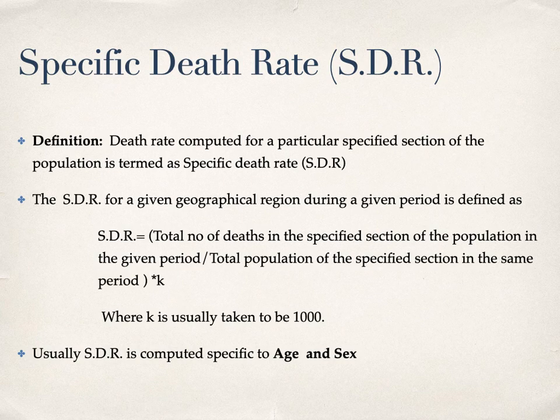We can say the specific death rate is the total number of deaths in a specified section of the population in a given period, divided by the total population of the specified section in the same period.